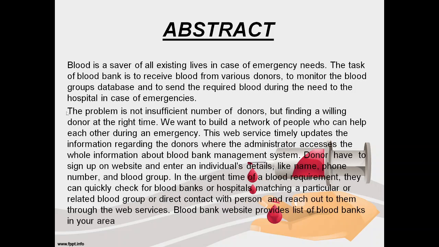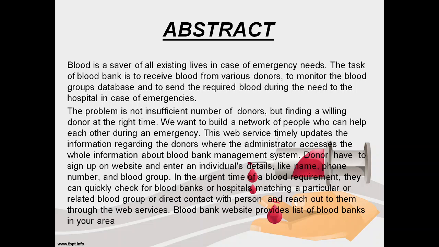The next point is the problem is not an insufficient number of donors, but finding a willing donor at the right time. We want to build a network of people who can help each other during an emergency.